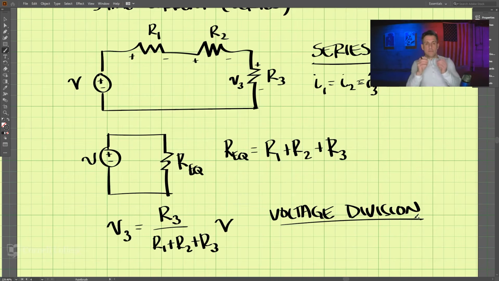So taking a full thing and dividing it. This is voltage division.